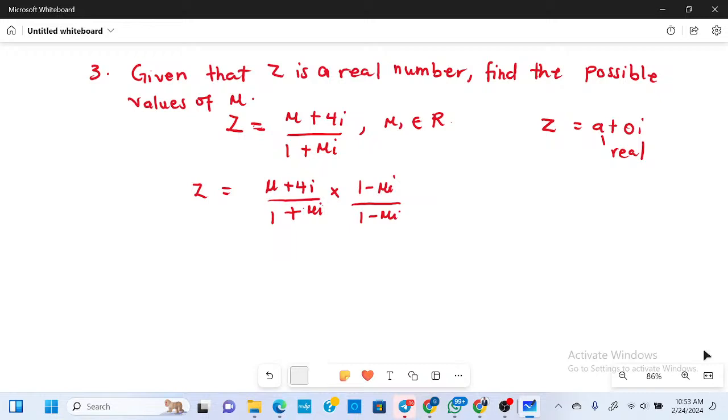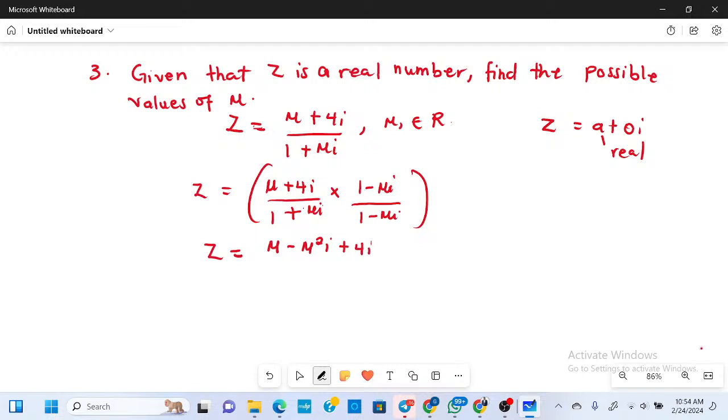So we have to expand this. Mu by 1 is mu, mu by negative mu i, I'm going to have negative mu squared i. Then I have 4i times 1. That is going to give me plus 4i.